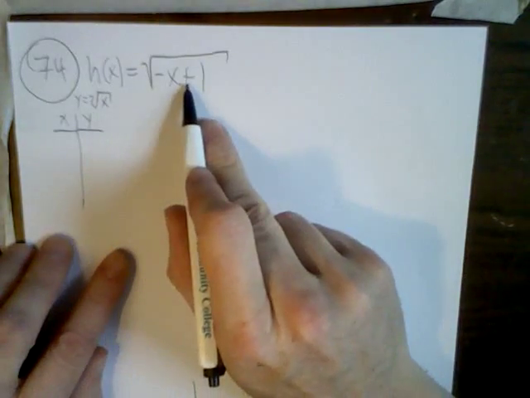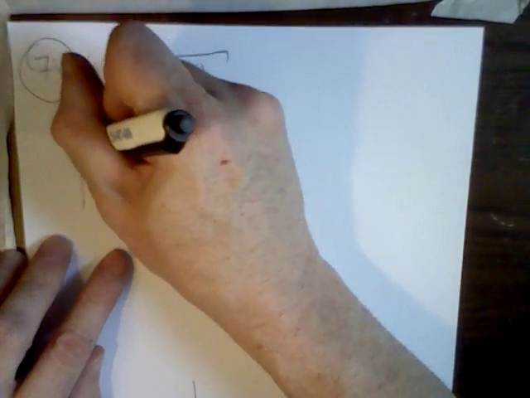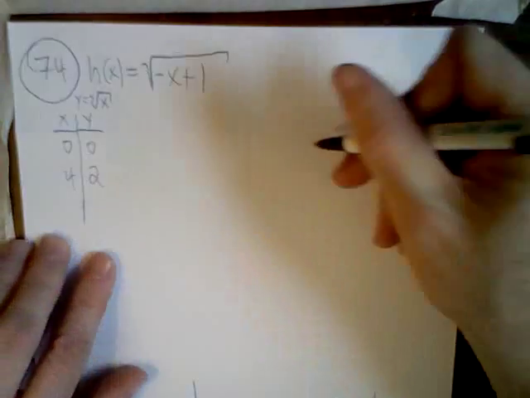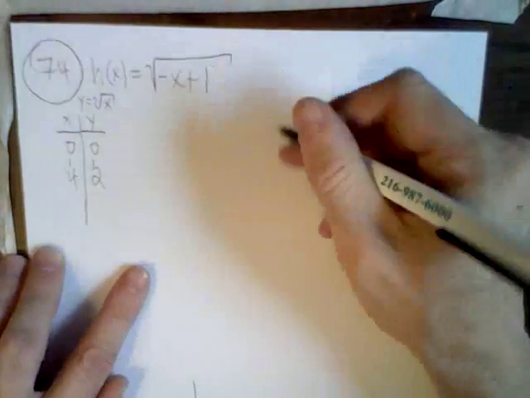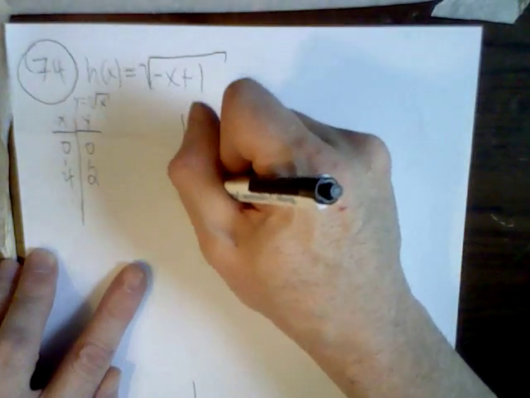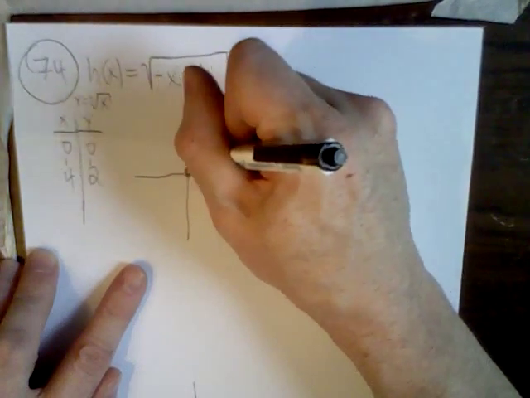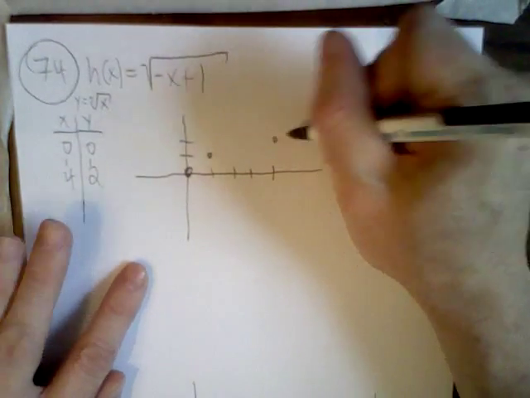This is just a translated version of this. So you think (0, 0), (4, 2). I don't know how many points we need. We'll just go with that. (1, 1) if you want to put in another one. Right, so the original form (0, 0), (1, 1), (4, 2) is this guy.